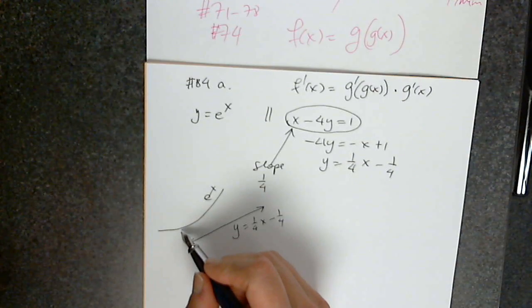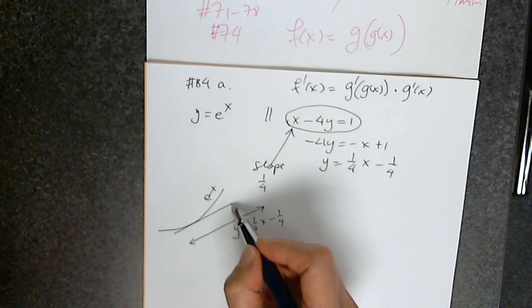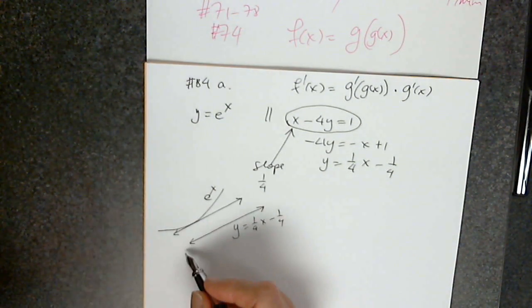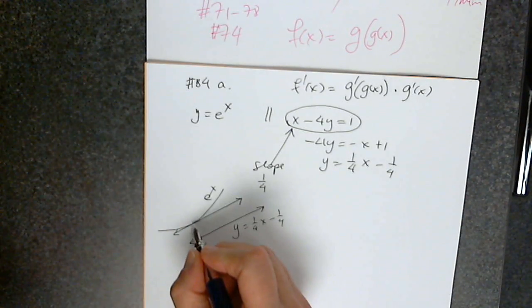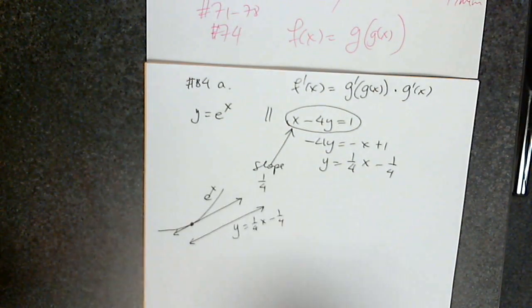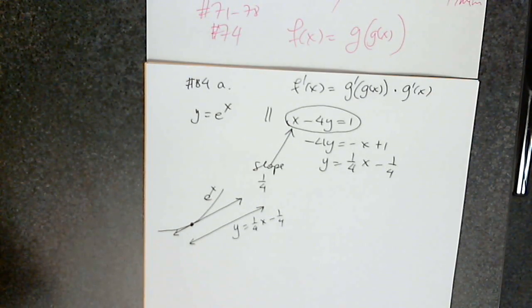So I want to determine the equation of the line that is parallel to this line and tangent to e to the x. Find an equation of the tangent line to the curve y equals e to the x that is parallel to the given line.